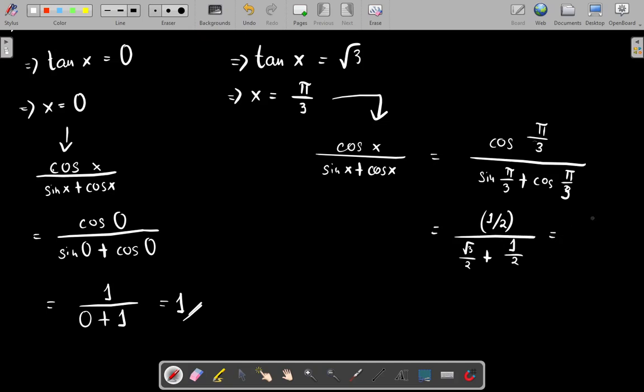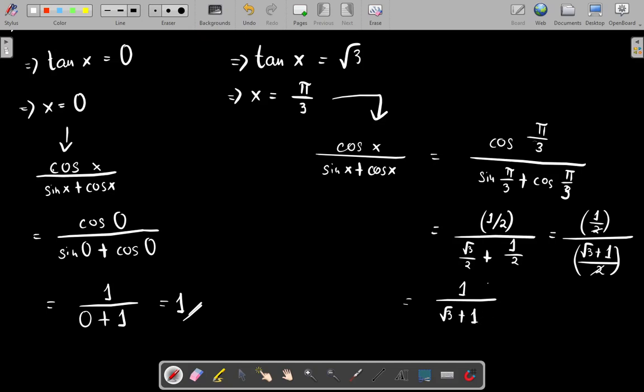If we add the denominators, we get root 3 plus 1 upon 2. We cancel off the 2's in the numerator and denominator of the larger fraction, so we get 1 upon root 3 plus 1.